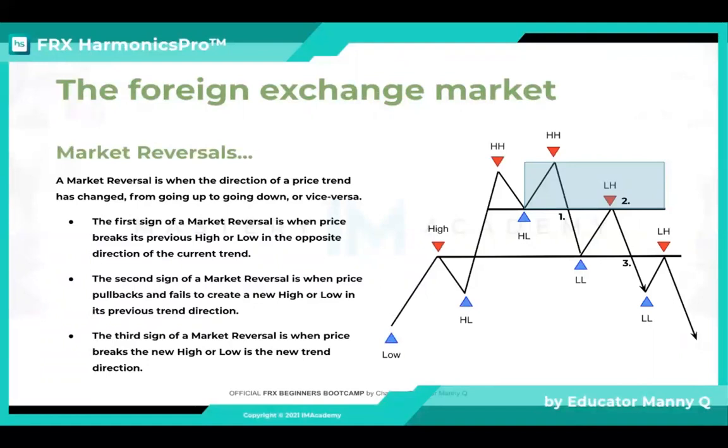So once again, a market reversal is when the direction of a price trend has changed, going from up to going down. The market structure reversal is going to be your key to unlocking the earliest trend reversals in the market, resulting in you capitalizing on bigger moves in the markets.